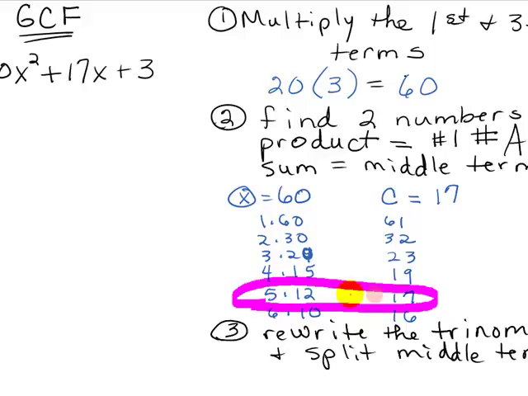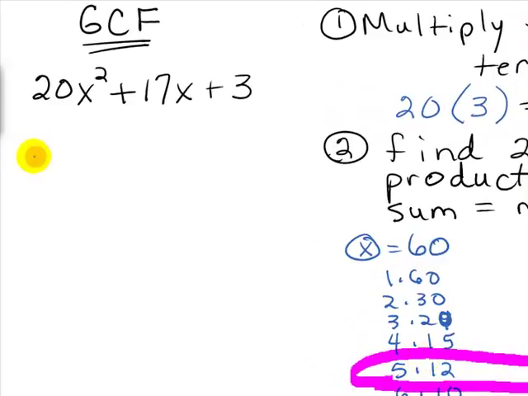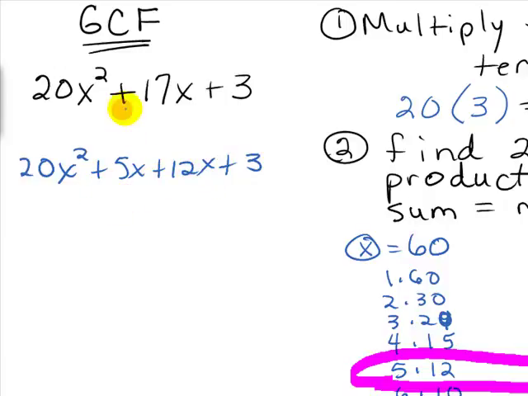And we're going to use our winner here. So we will have 20x squared plus 5x plus 12x plus 3. This middle adds up to this.